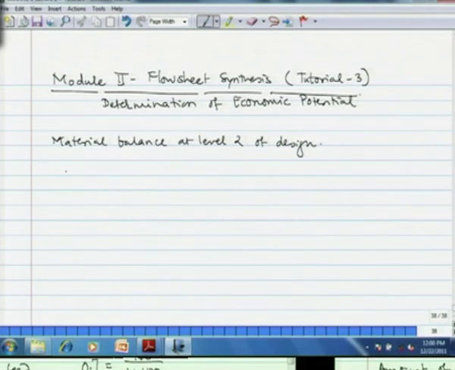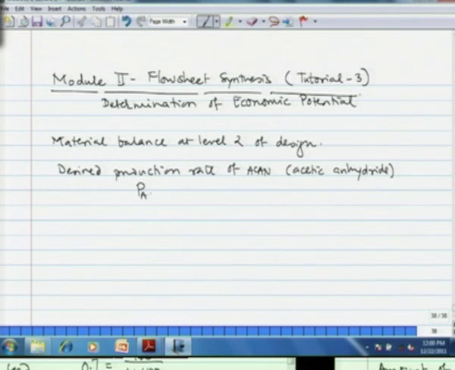We have been given the desired production rate of acetic anhydride, that we denote by ACAN, as 16.58 mole per hour.